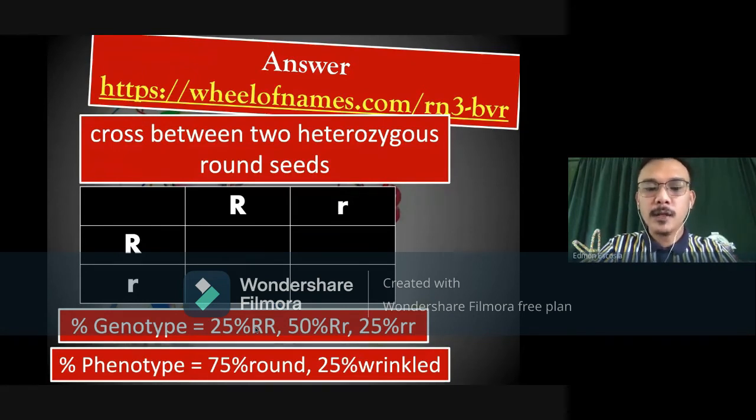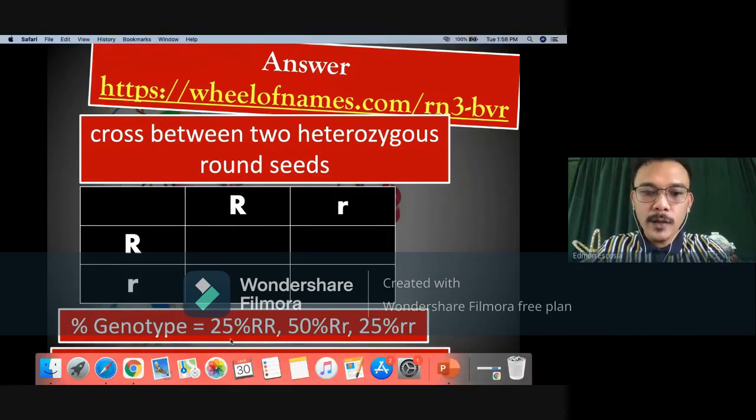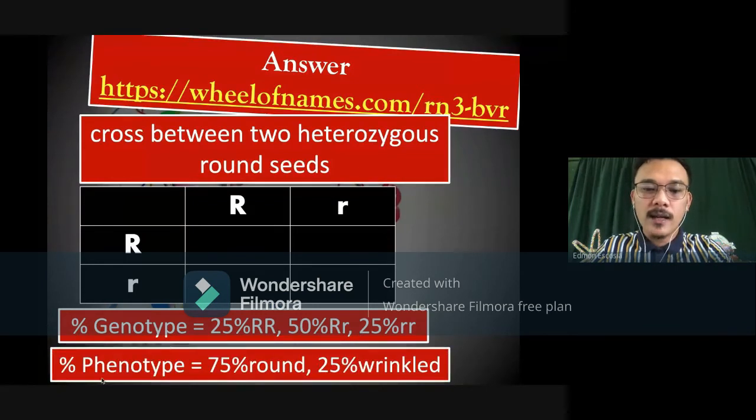But in terms of the percentage phenotype, take note that the answer for the round seeds is 75%, because if you combine these two, the 25% capital R capital R and the 50% capital R small r, these are all round seeds. So 25 and 50, that is 75. That's why the resulting phenotype is 75%.